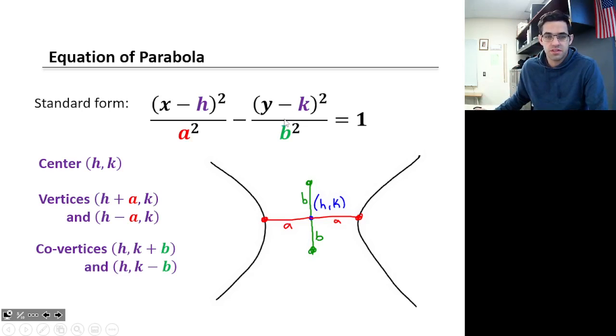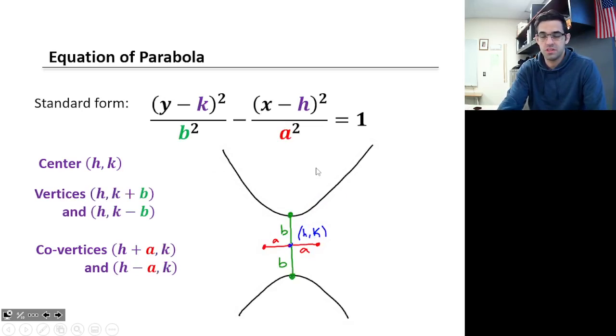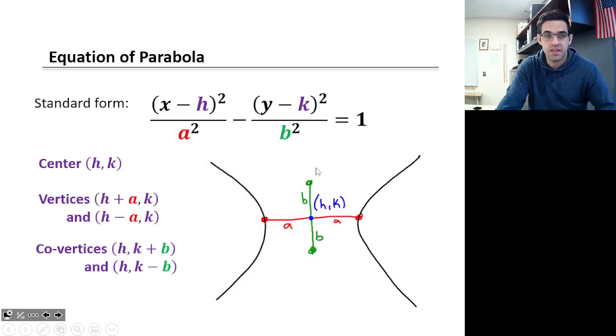And now, since that's the case, our a values are going to tell us the vertices, and our b values are going to tell us the co-vertices, which is the opposite of when it opens up and down, right? So if it opens up and down, b, the number below the y, is going to tell us the vertices, and if it's x squared minus y squared, then a, the number below the x, is going to tell us the vertices. And then co-vertices, or vice versa.